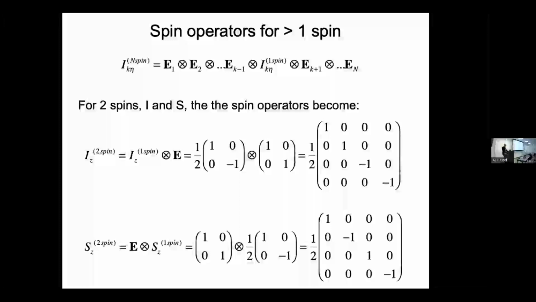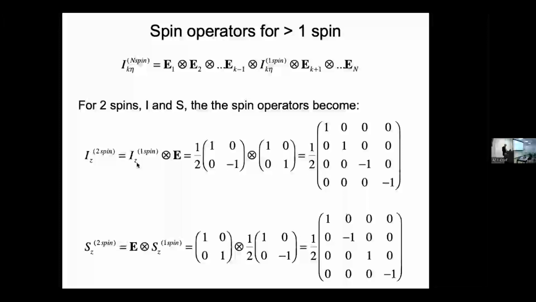So here, for example, if I want to know the matrix representation for IZ in the IS spin system, I have to take the direct product of the one spin operator for IZ, which is a 2x2 matrix, and to expand it up, I have to take the direct product with the identity matrix for the S spin. And the math is shown here, that's fine.